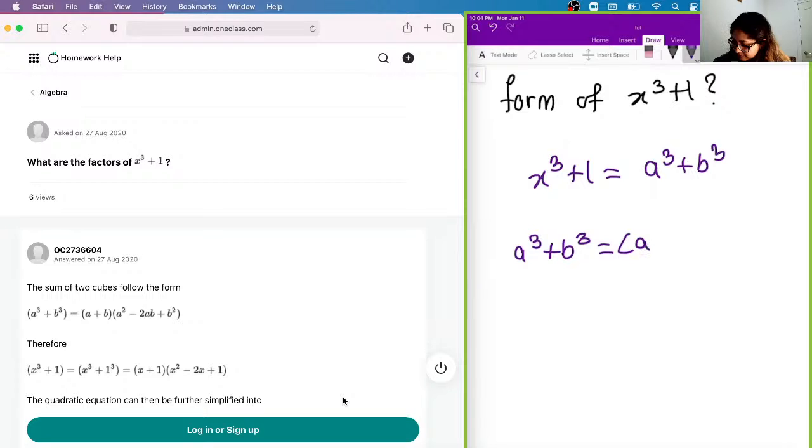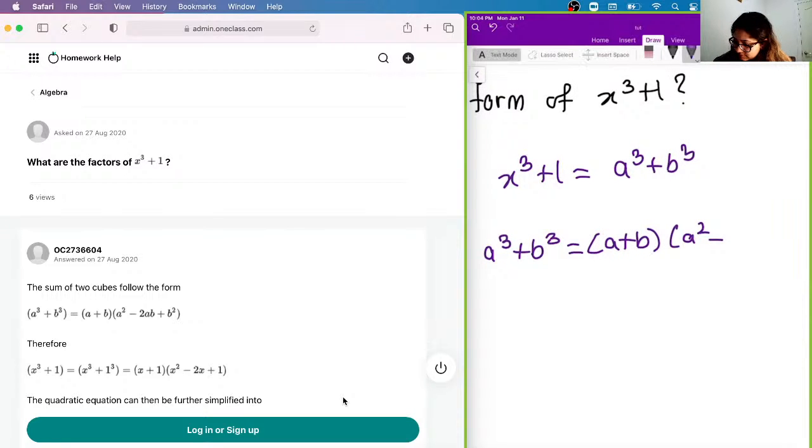a plus b times a squared minus ab plus b squared. In this case, it's plus.